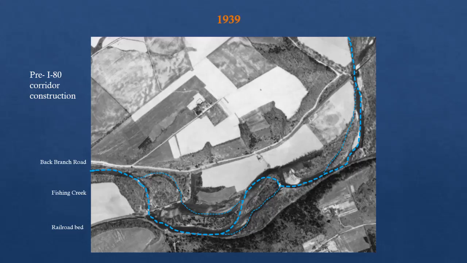It was more of a wetland type landscape. And it was able to manage all the energies coming in and out of that stream pretty well and flow throughout the floodplain. Just for reference, here's that old railroad bed and Back Branch Road. And there's that 90-degree turn that you guys might be familiar with. So just to give you guys an example, this was in 1939.